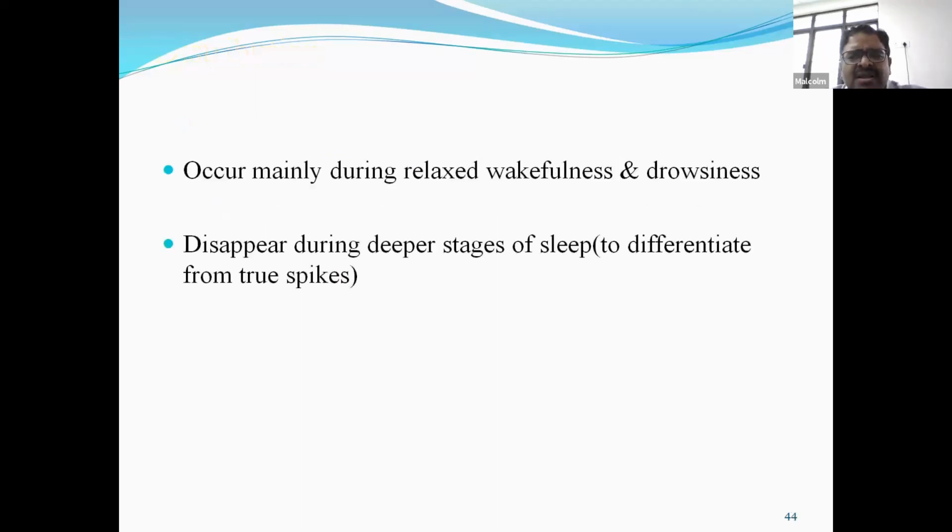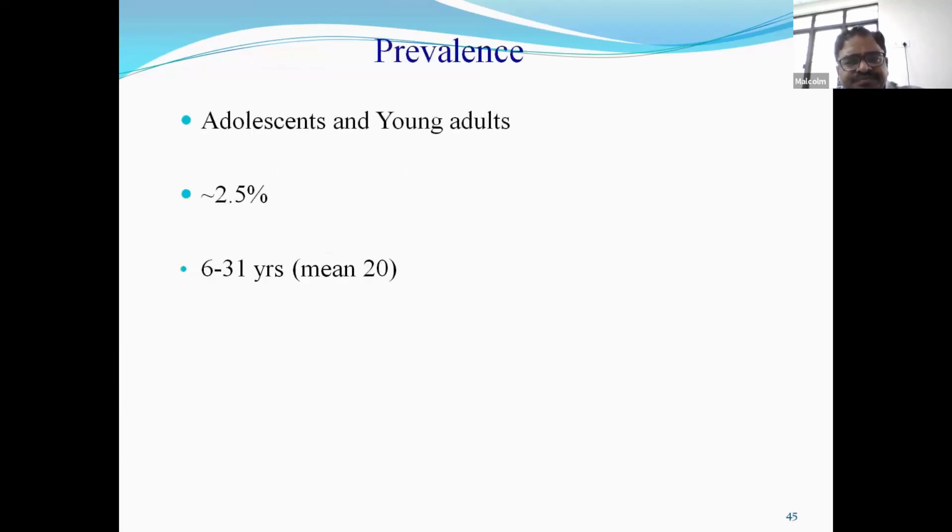As with all benign epileptiform variants, it appears during relaxed wakefulness and drowsiness, and it may disappear during the deeper stages of sleep. And the prevalence is around 2.5% in adolescents and young adults, and the common age group in which it is seen is between 6 and 31 years.